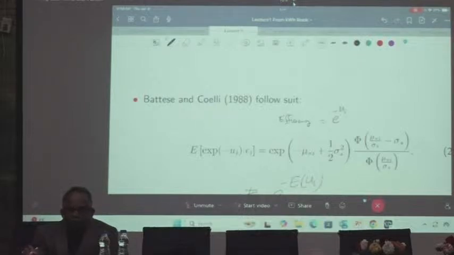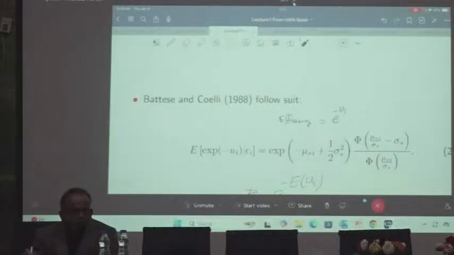You can get an estimate of u and then take the exponential of that with a negative sign. But statistically speaking, you should not be using this. You should be estimating this from the conditional mean of e to the power minus u given epsilon.